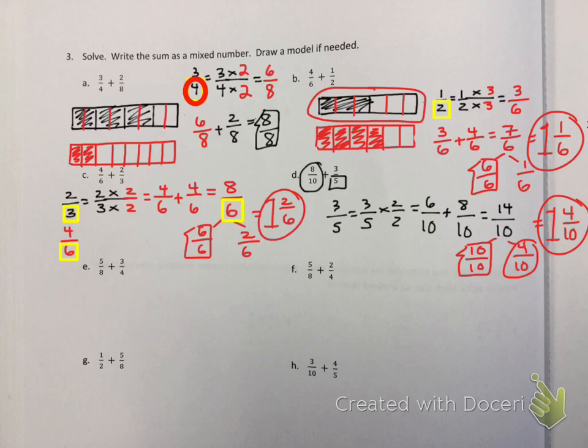All right, for E, I can see that this 4, I'm going to have to turn that into an 8. Okay, so I'm going to take 3/4, and I'm going to multiply it by 2 to make eighths. So I have 6/8 here. Don't forget to add the 5/8, because now we have common denominators.